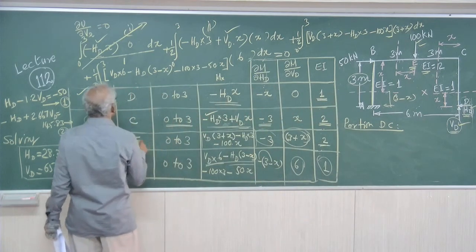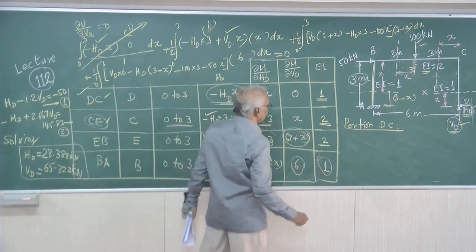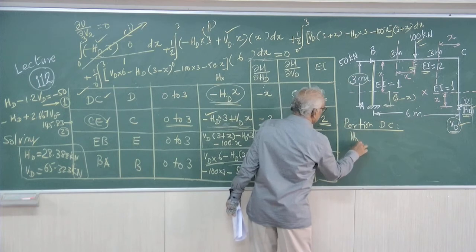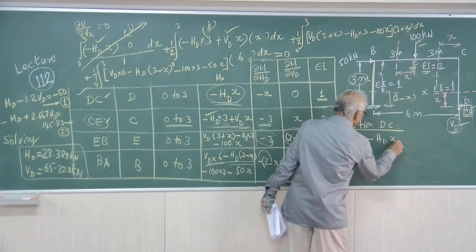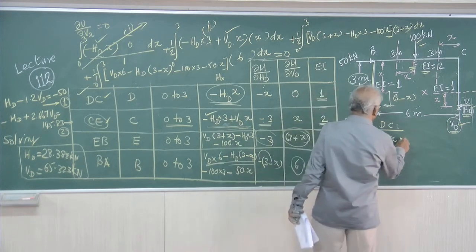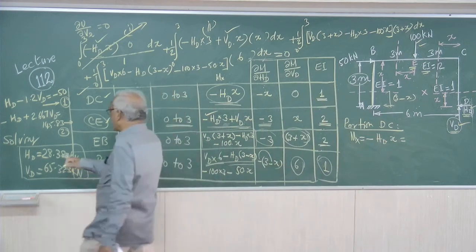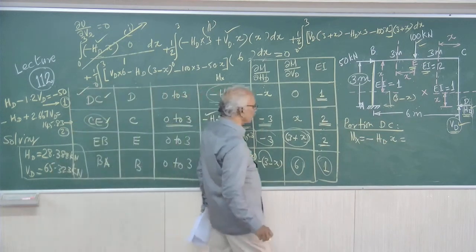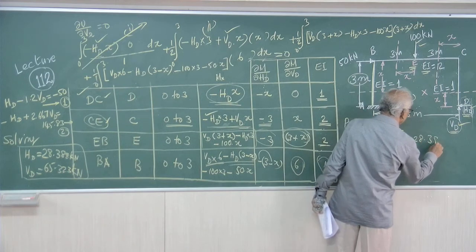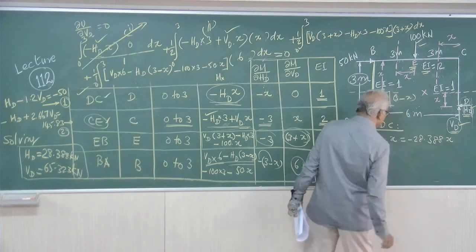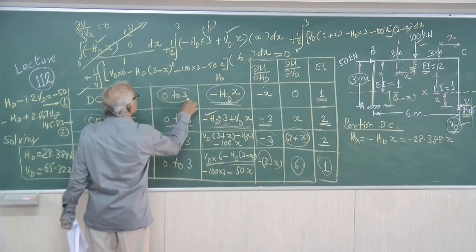The equation for Mx is minus HD into X. So, Mx equal to minus HD into X. Now you have the value of HD equal to 28.388. Therefore, it is minus 28.388 X, right. Now, we know X varies from 0 to 3 meters.